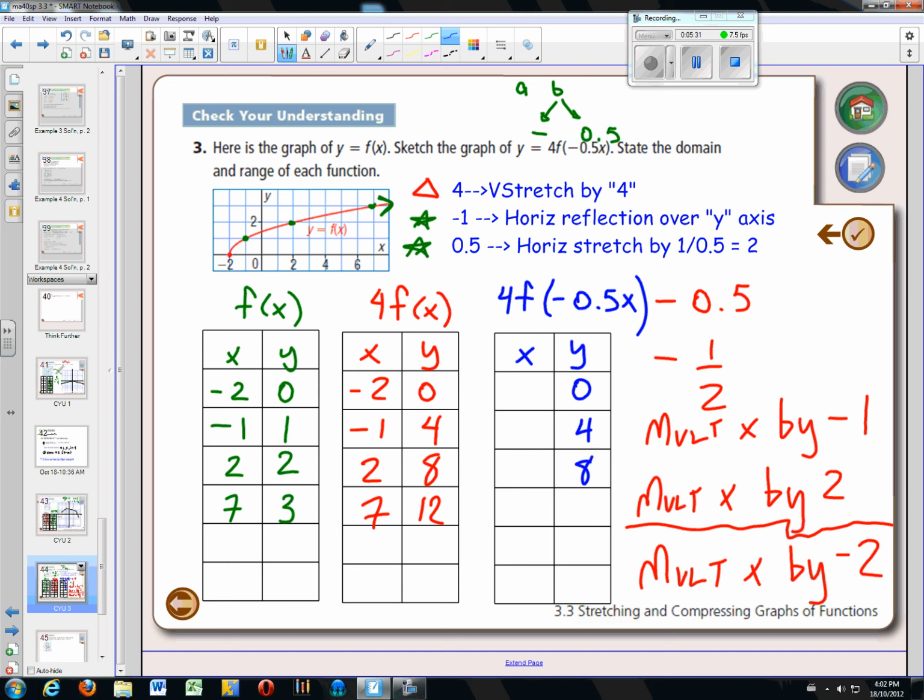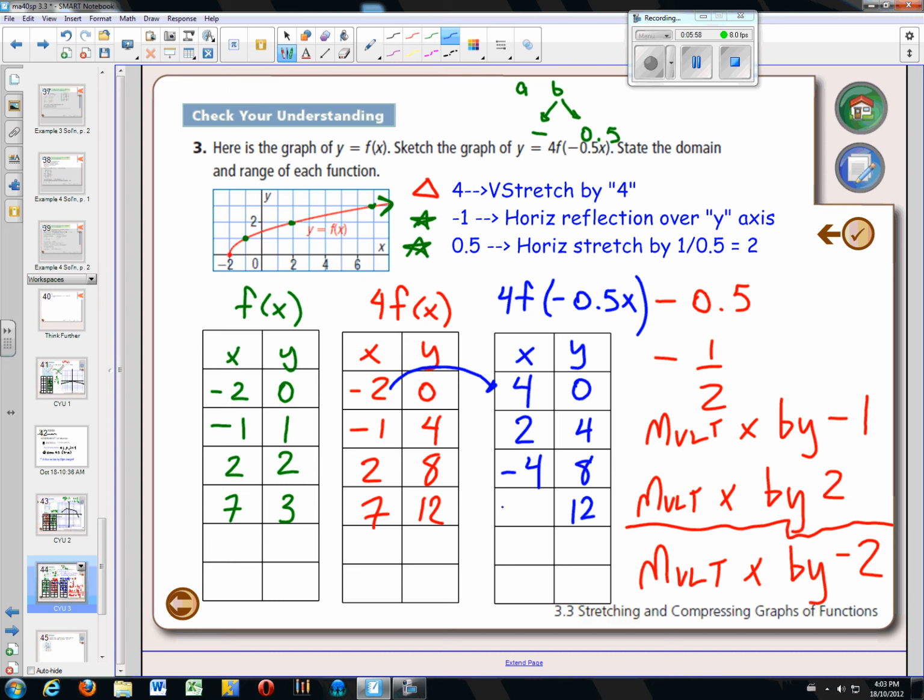The x values, I'm multiplying x by -1 and by 2, which is multiplying x by -2. So -2 times -2, you guessed it, 4. -2 times -1, +2. 2 times -2, -4. And 7 times -2 is -14.